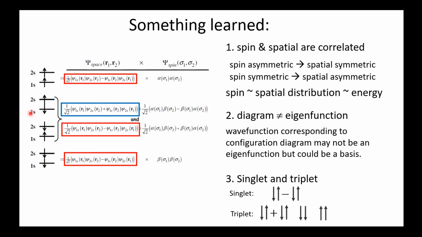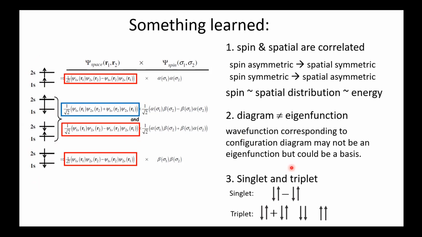So in the 1 electron world, we draw the diagram in this way. We have the spin up, we have the spin down, we have the spin pair, right? This is the diagram we have been drawing all the time. But in fact, the real wave function does not correspond to them. The real wave function actually corresponds to the linear combination of these 2 configurations. So that's more complexity, right?